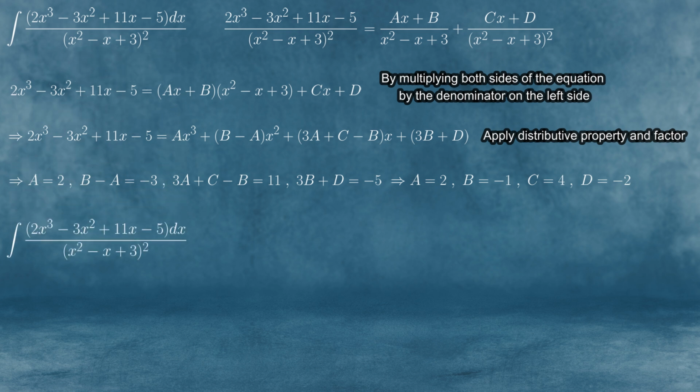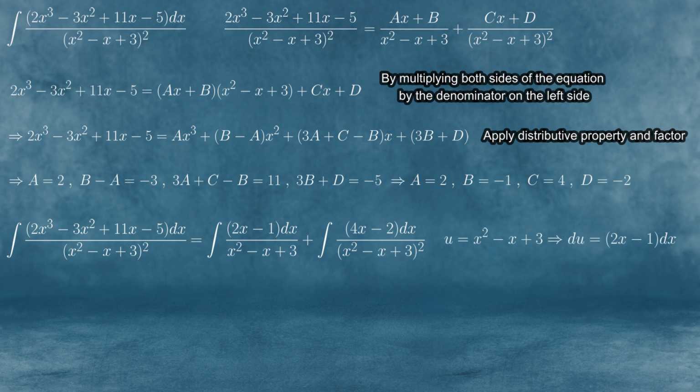Thus, the original integral will be equal to the integral of 2x minus 1 divided by x squared minus x plus 3 plus the integral of 4x minus 2 divided by x squared minus x plus 3 squared. If we apply substitution, we end up having that those integrals will be equal to the integral of du over u plus 2 times the integral of du over u squared.